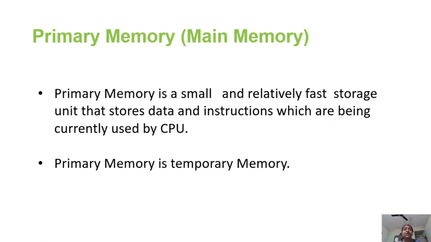As we know, for example, RAM and ROM. Whenever we work on a system, the RAM is loaded first in the system. RAM means random access memory, or read and write memory, which gets loaded in the system first.